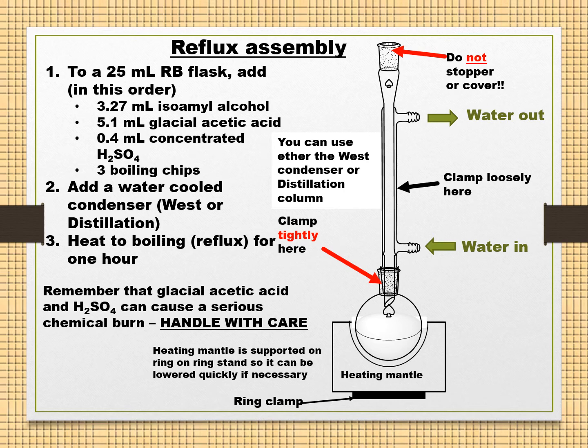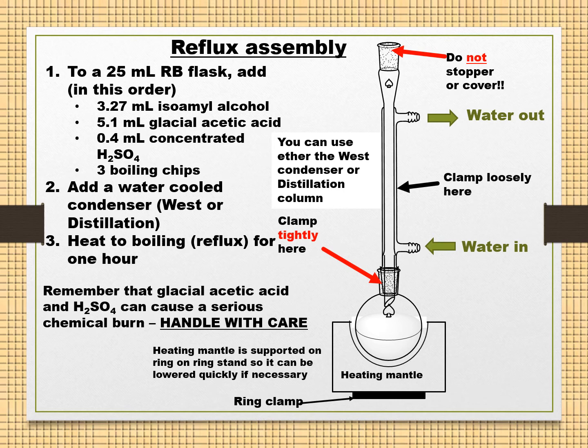So the overall reaction happens in a reflux, and to do the reflux, first you have to add your reactants into the round bottom flask, in the recommended amount, and also add 3 boiling chips, because we'll be heating the round bottom flask, and these boiling chips should prevent bumping.